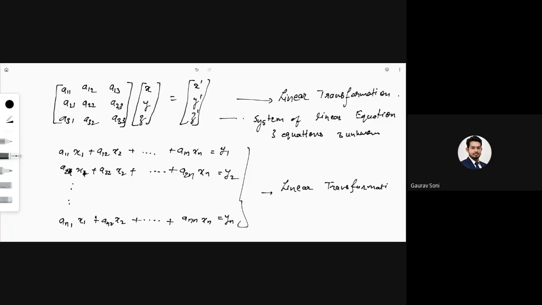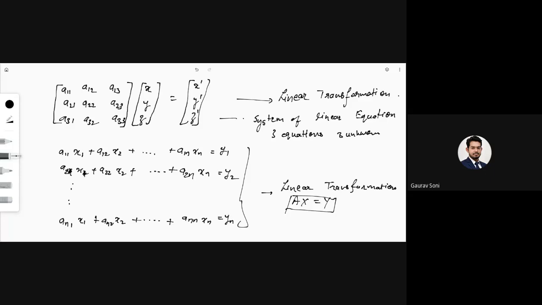From the above discussion, a linear transformation can also be written as Ax = y. So I can express a linear transformation in any of these forms.